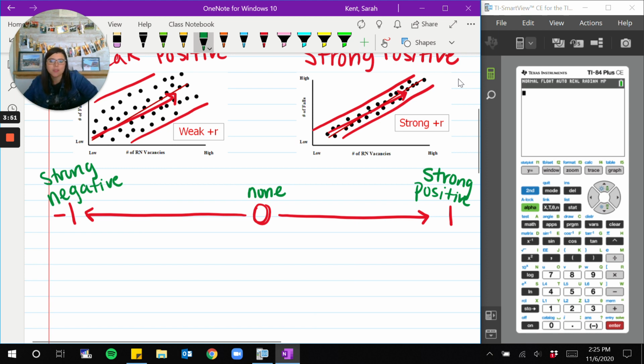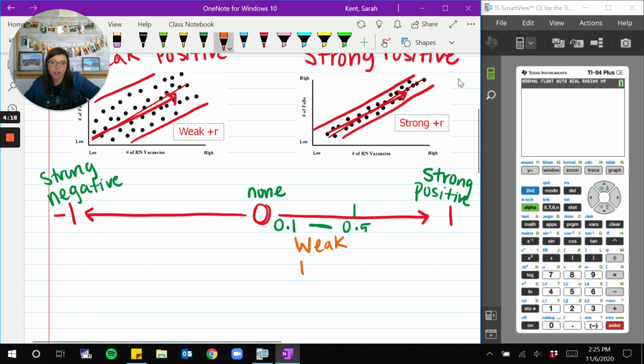But now we have space in the middle. So if you get a number, let's say 0.1 to 0.5, we look, it's not 0, it's not nothing, it's not 1, it's not strong. So this gap right here would be where we have our weak correlation.